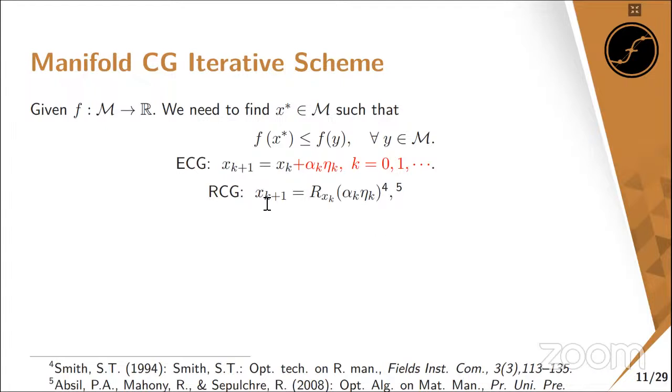In 1994, Smith observed that in order to make this generalization, we require the concept of an exponential map and a parallel transport. But these are computationally expensive.